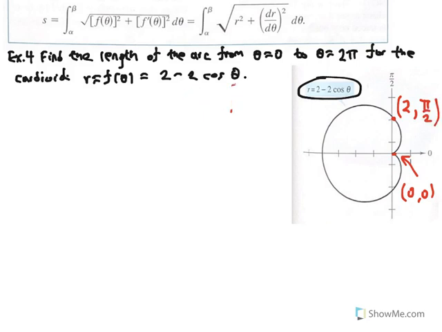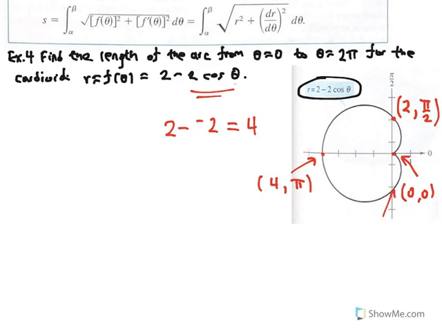When theta is equal to pi, cosine of pi is negative 1. 2 times negative 1 is negative 2. And 2 minus negative 2 is 4. So when theta is equal to pi, you have this point with polar coordinates r theta, where r is 4 and theta is pi.